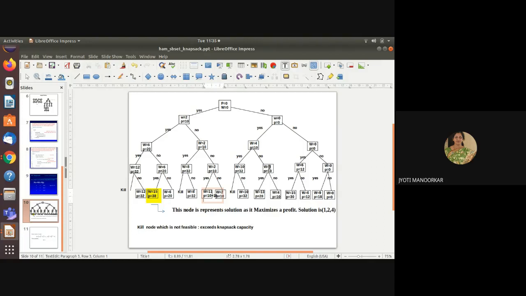So try to explore w is equal to 4, p is equal to 10, this node. Then w is equal to 6 and p is equal to 12, and w is equal to 0 and p is equal to 0. You have to proceed in a similar manner to get the solutions.